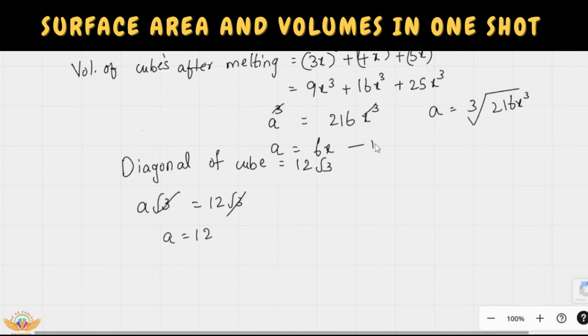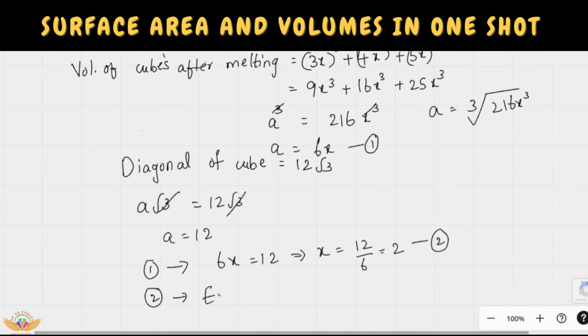Done. So let me substitute this in equation number 1. If you put it in equation number 1, 6x is equal to 12. So the x value will be equal to 12 by 6, that is equal to 2. So now substitute this x value in our cubes. Putting 2 in the edges.